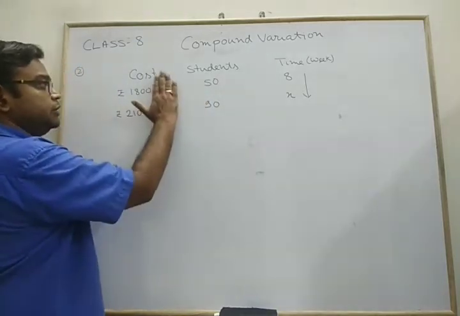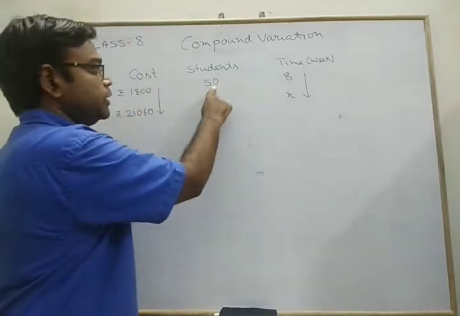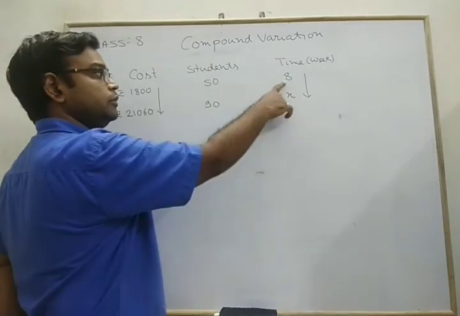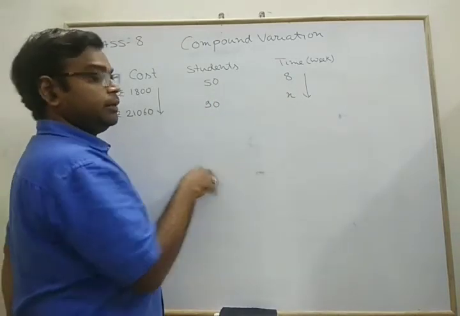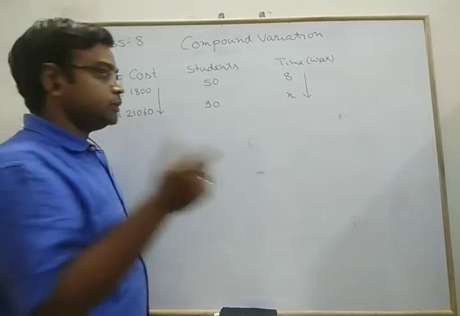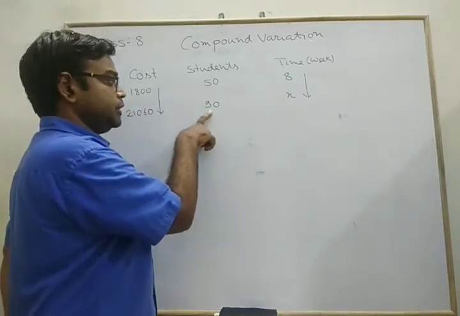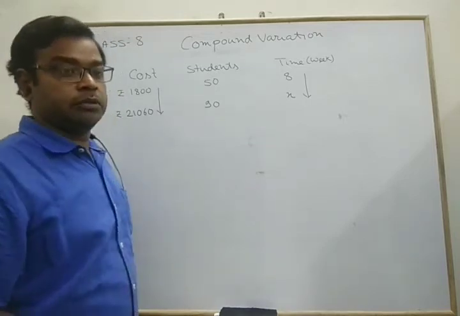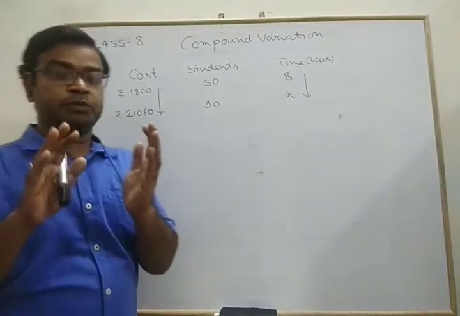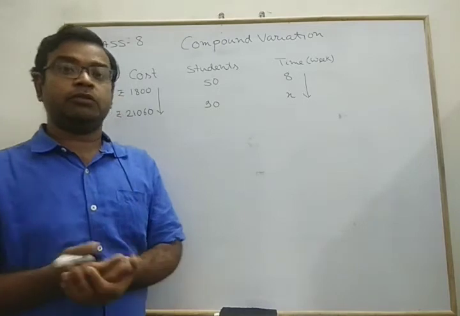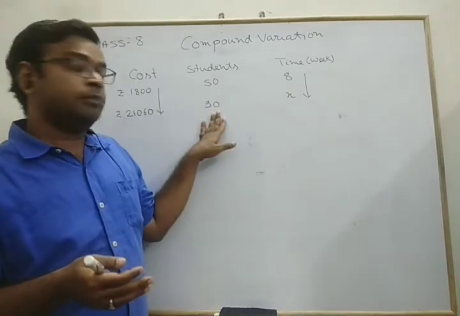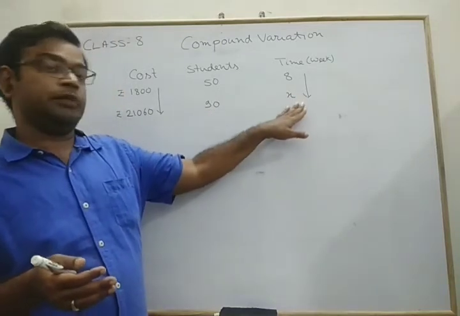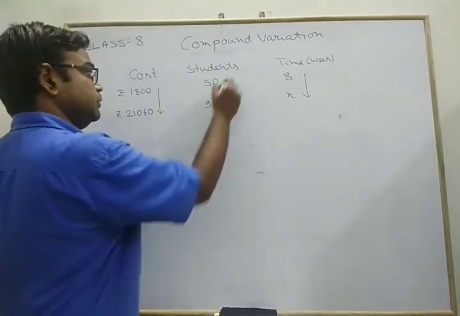In a constant amount, 50 students can stay in that hostel for 8 weeks. But when the amount is constant, if students are increased to 90, then time must decrease because your amount of money is constant. If the number of students increases, the number of days decreases. So it is inverse proportional.